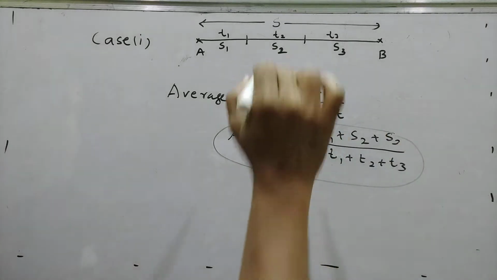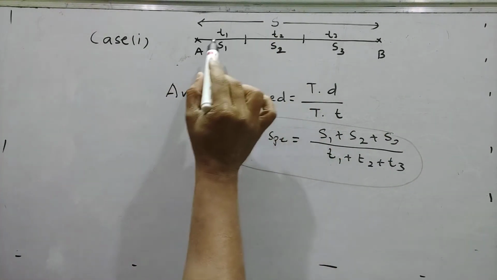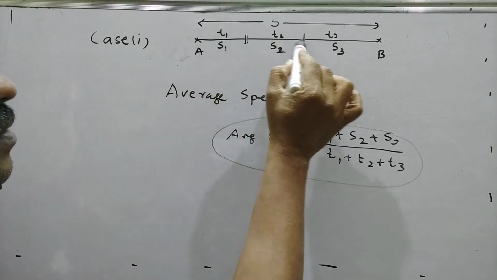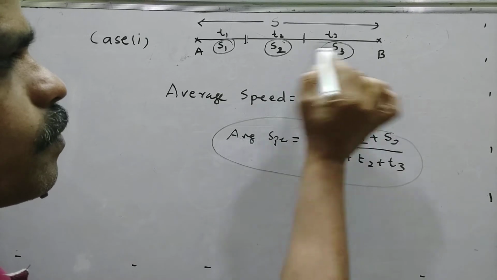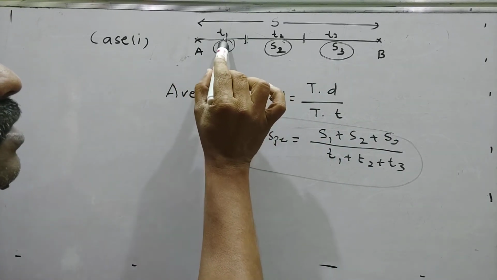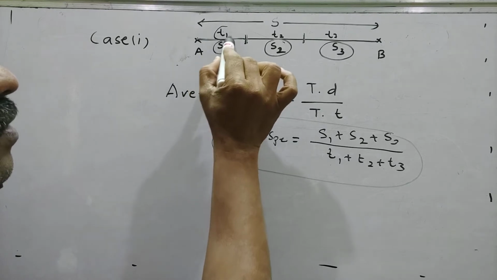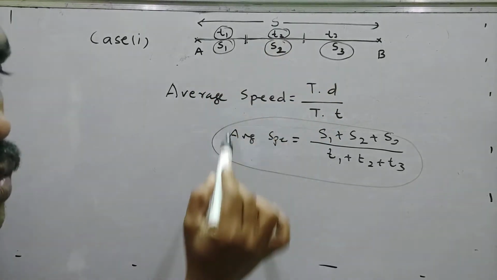So what is there in this case? Simply the total distance is split as S1, S2, S3. For S1 distance, the time taken is T1. For S2 distance, the body takes time T2.